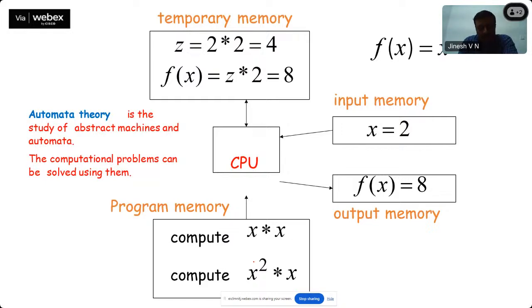So in this slide you can see how a computation happens. Generally, this is the scenario in the digital computers we are using now. You can see there is a microprocessor unit, that is the CPU, connected with the temporary memory, and the temporary memory will have a set of instructions.